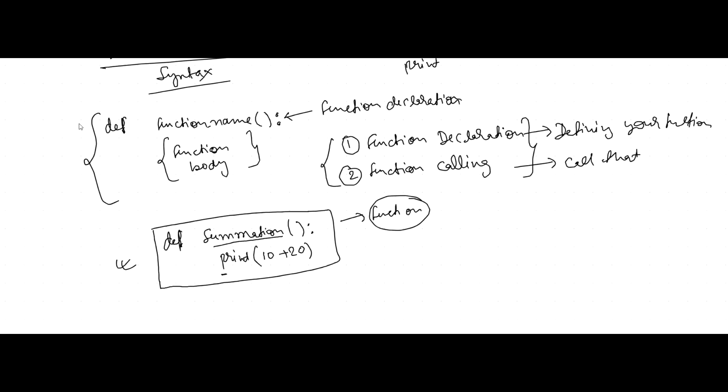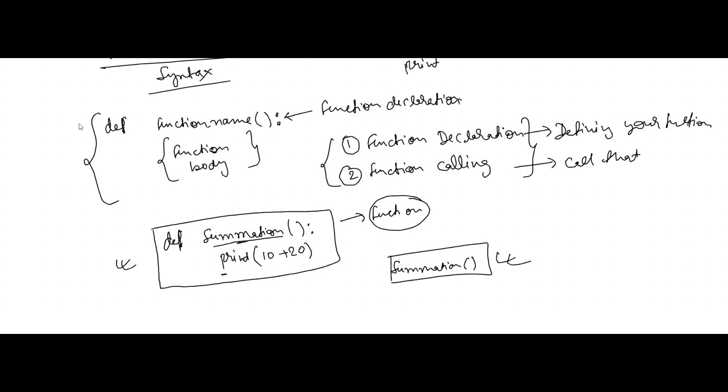So in another block, just write this function name, summation, and now run this block. Check what output you are getting. 30. Yes, we are getting the answer 30.